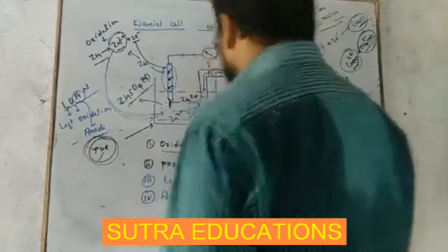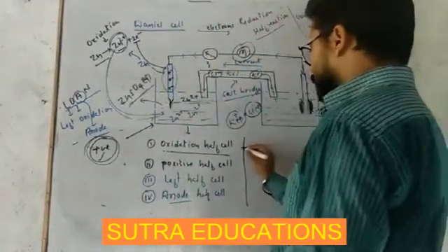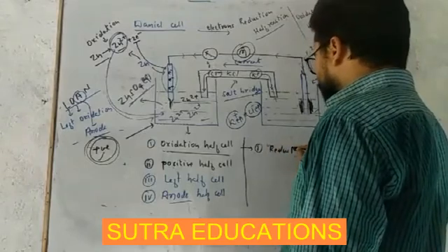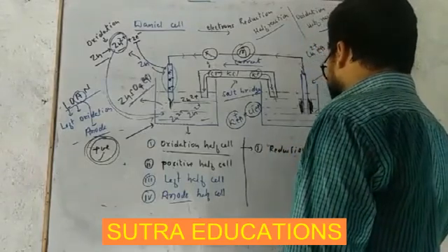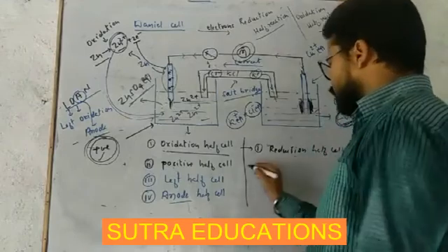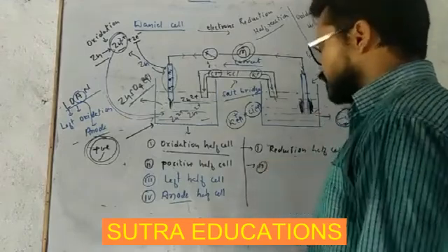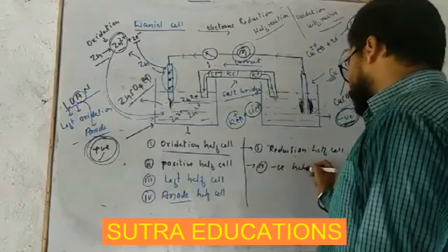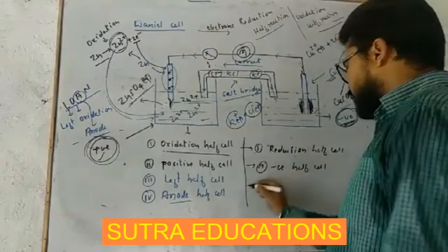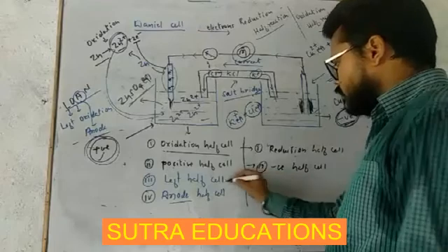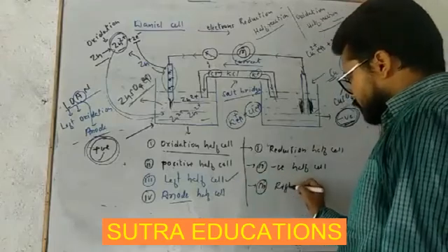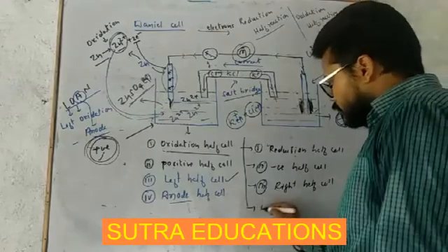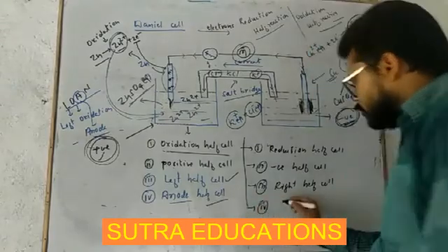And in the same way we will say the other one is the reduction half cell, just opposite now. Reduction half cell, then it will be the positive half cell, then the right half cell, then the cathode half cell.